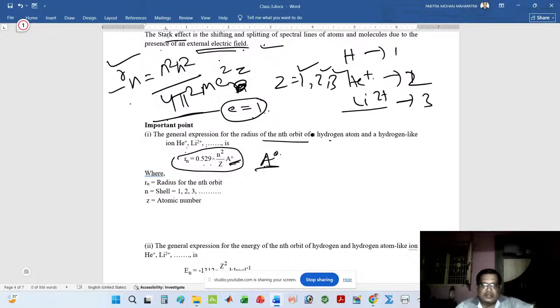Here I can put n square h square divided by 4 into pi, that is 3.14, whole square, and put the mass of the electron and the charge of the electron, which you already know from the first class. Here you cannot say the Z value, and also you cannot say the n value, because n depends upon the shell.